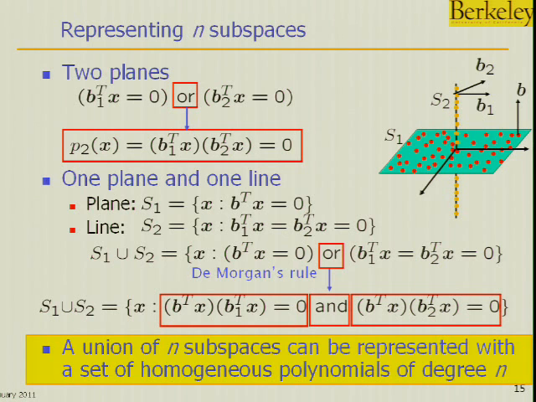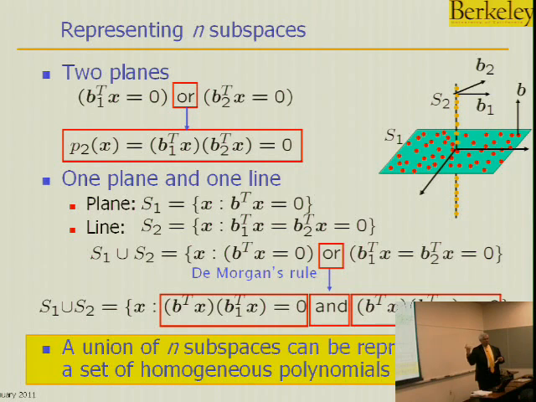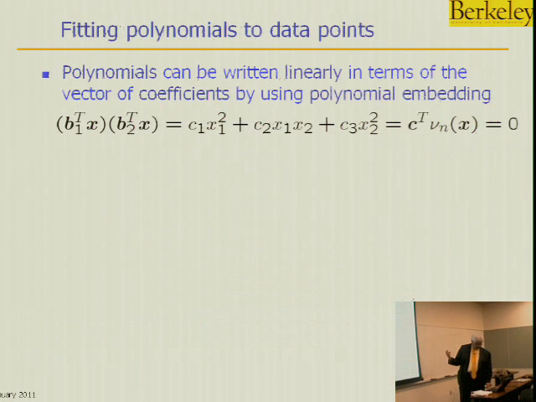The sum of the powers adds up to n. That's what homogeneous polynomials mean. And the reason that's the case is because all the entries are exactly quadratic in x. There are no linear entries in x, and there are no cubic entries in x. That's why they are homogeneous polynomials of degree n.